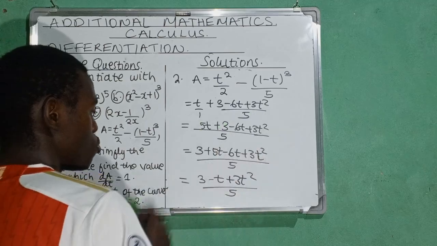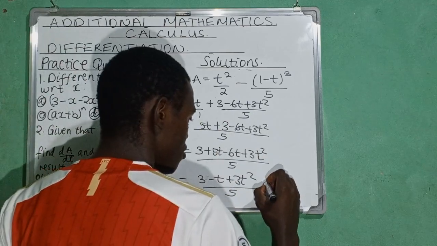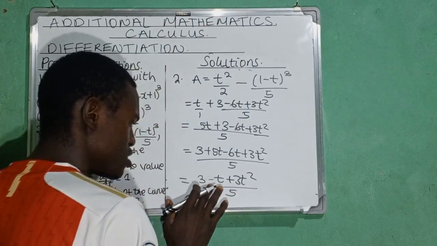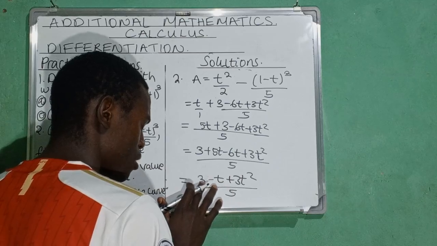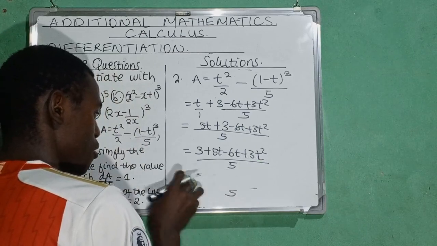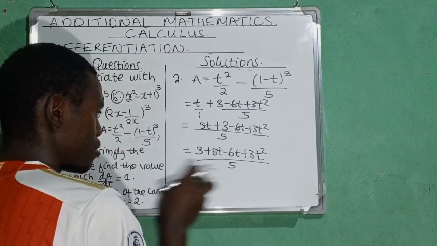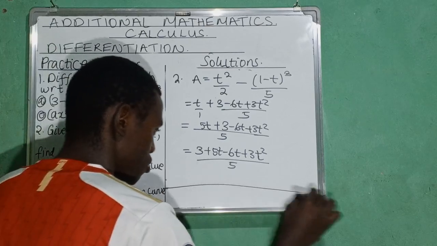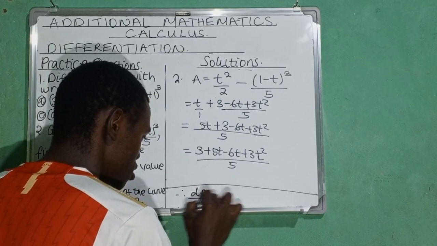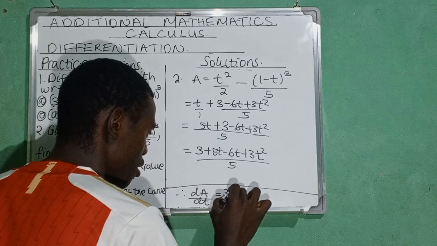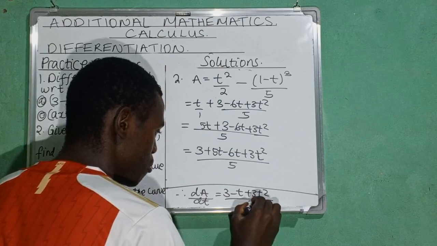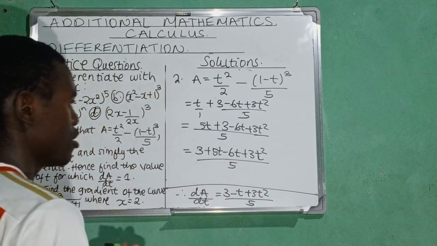To conclude, you will say therefore your dA/dt is equal to 3 minus t plus 3t squared. Everything is being divided by 5. You can just check from that working.